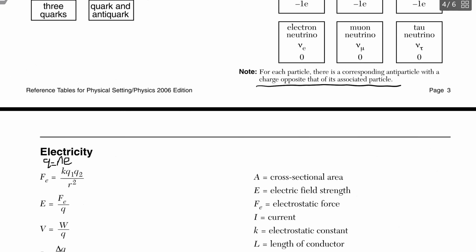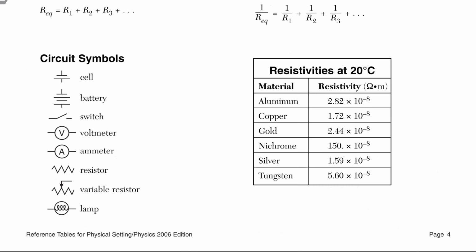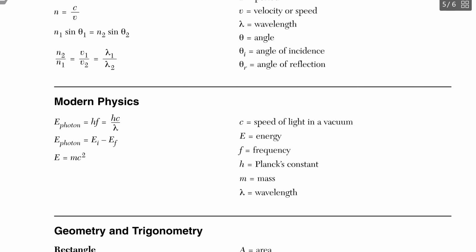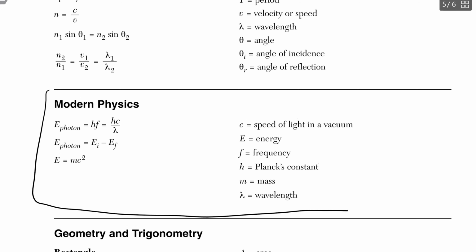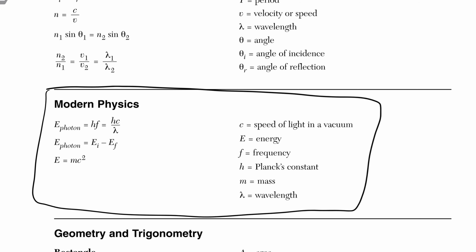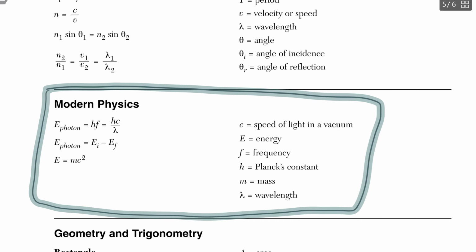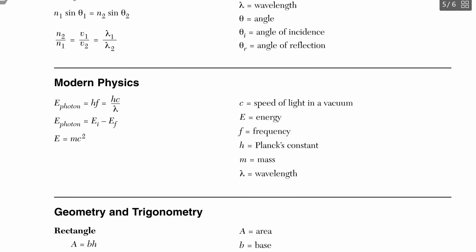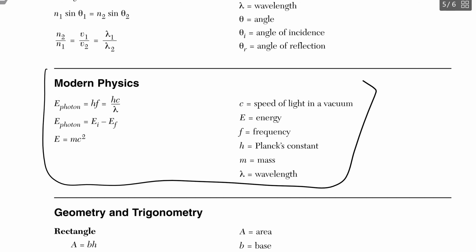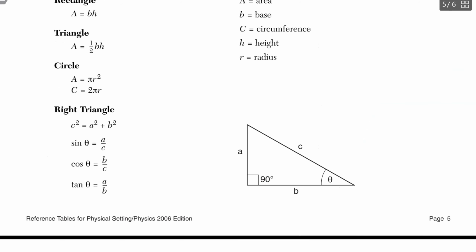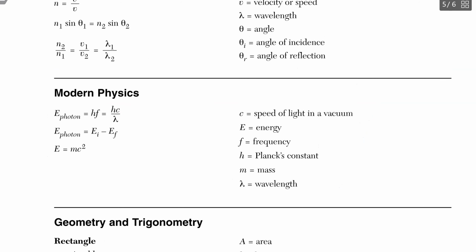But just so that we know, we have this section of the reference table as well. So you're jumping all around the reference table. There's a lot of information on the front page. There's a lot of information on page 3. And then these equations are on page 5.